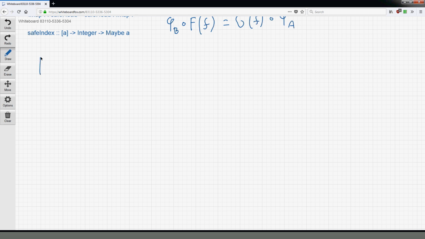Let's draw this out again. C, or you can consider it an element of the functor category. Another element of this functor category is the identity morphism, or the identity functor.